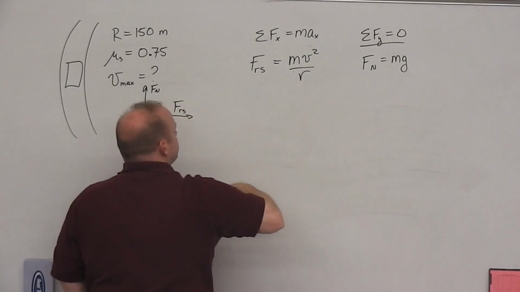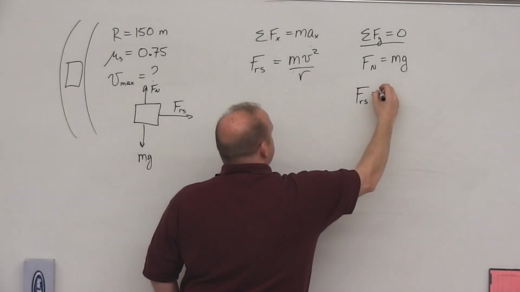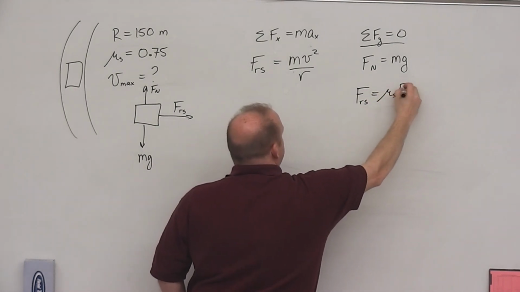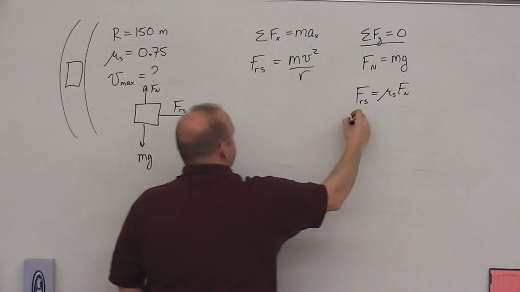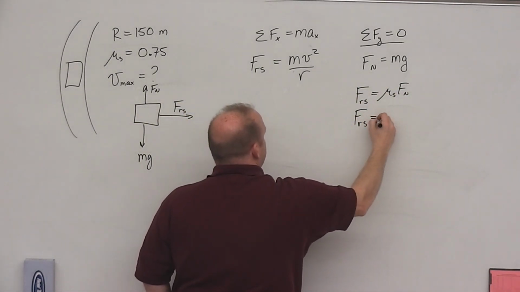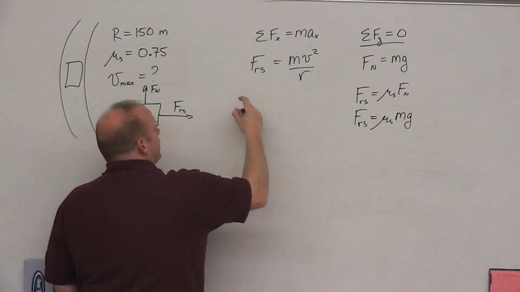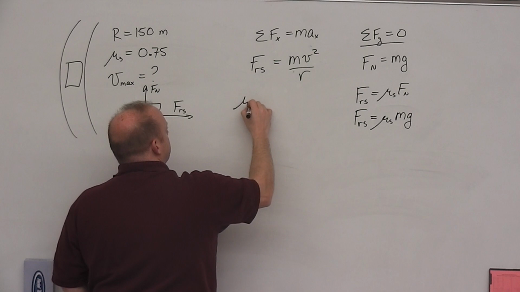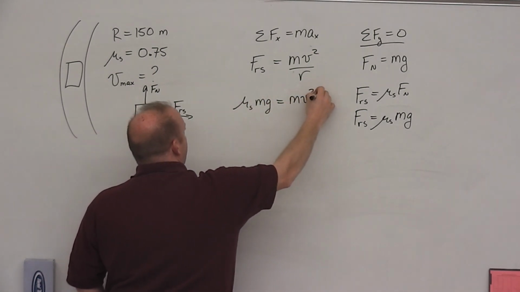Normal force is equal to mg. We are looking at a max situation, so we can say FRS is equal to μs times Fn. So I'm just going to substitute in here. FRS is equal to μs mg. So I've got μs mg. Notice again that the mass dropped out.